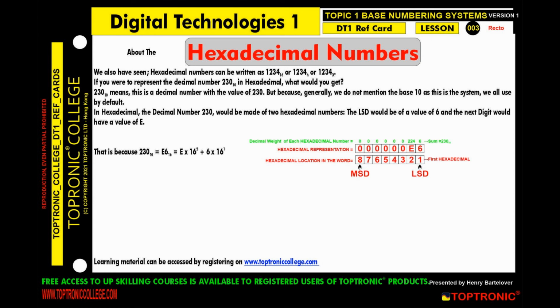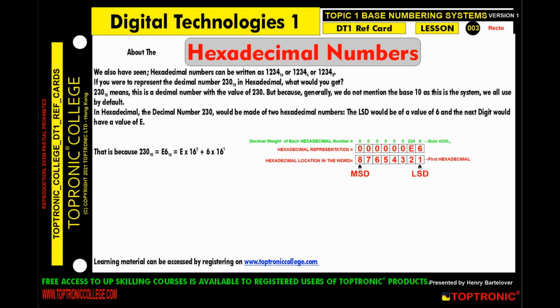In hexadecimal, the decimal number 230 would be made of 2 hexadecimal digits. The LSD would be of a value of 6, and the next digit would have a value of E. That is because 230 base 10 equals E6 base 16 equals E multiplied by 16 exponent 1 plus 6 multiplied by 16 exponent 0.